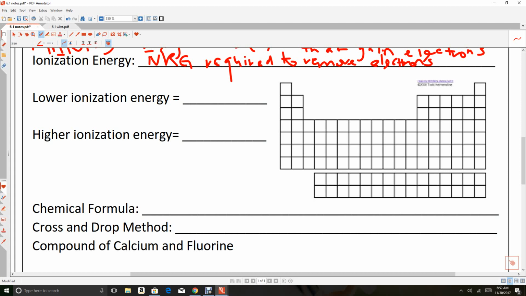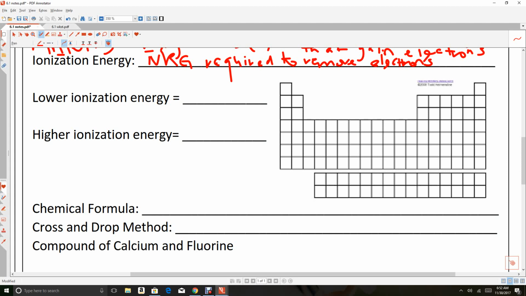Okay, and so if ionization energy is the energy required to remove electrons, that means that things that lose electrons are going to have low energy required to remove them. Things that gain electrons would have a high energy required to remove them.